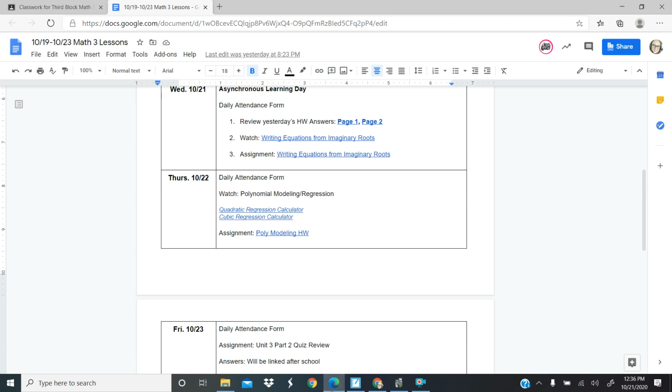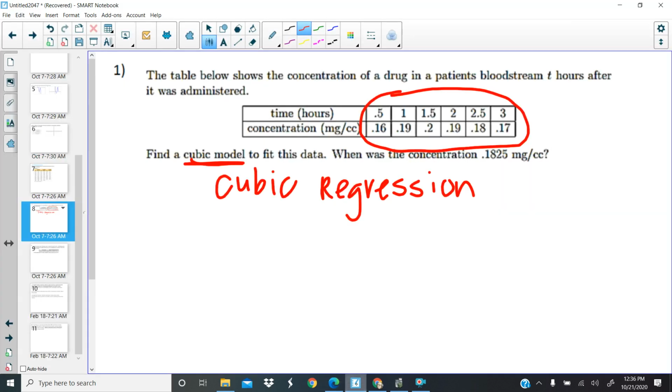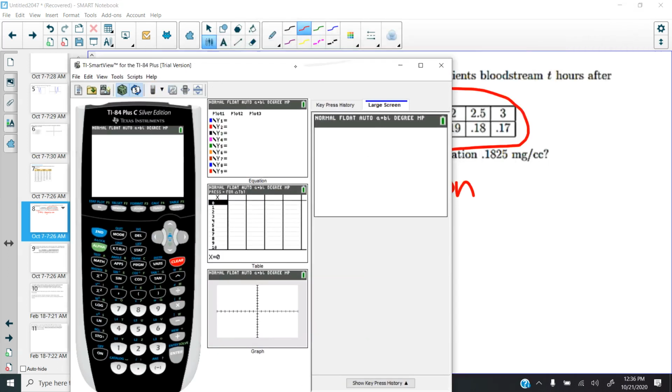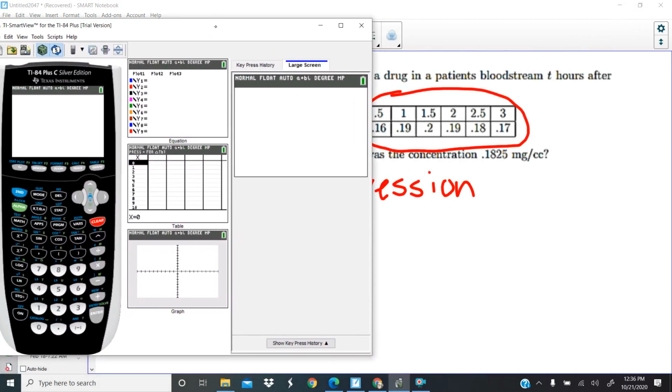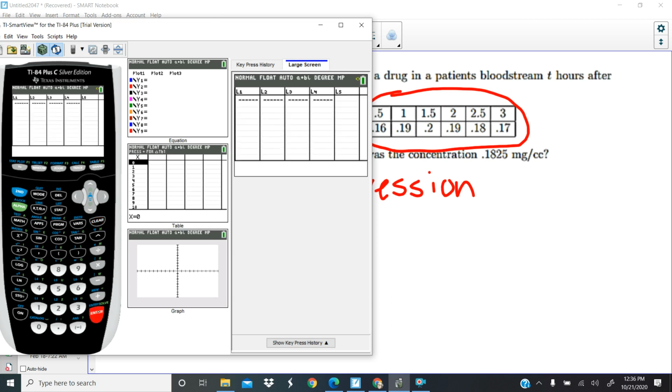But first, I just want to find a cubic regression equation that models this data. So I'm going to pull up my calculator, and I can see all of the data if I put it here. It's going to be the same steps as exponential regression, except you're going to be finding cubic. So we're still going to go to stat edit, and we're going to enter our numbers in our list.